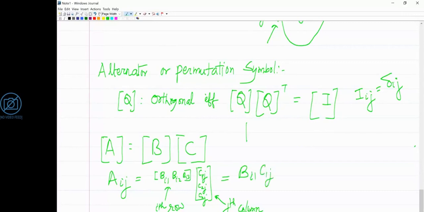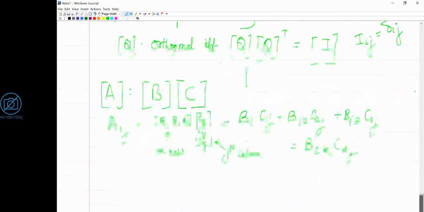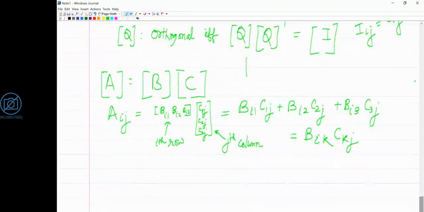This is Bi1 C1j plus Bi2 C2j plus Bi3 C3j, correct? Which is the same as Bik Ckj, isn't it? In summation convention. So Aij is basically Bik Ckj. Are you with me?